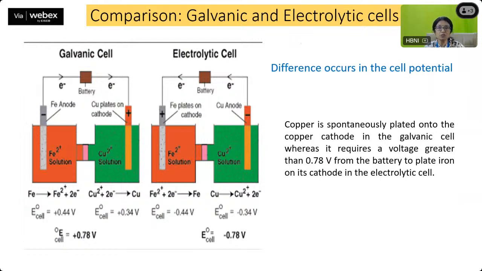But to make this reaction happen, you have to give it some kind of force. And that force is when you apply electricity or use a battery, you are providing that amount of impetus so that the reaction happens. So copper is spontaneously plated onto the copper cathode in the galvanic cell, whereas it requires a voltage greater than 0.78 volt from the battery to plate it on its cathode in the electrolytic cell.